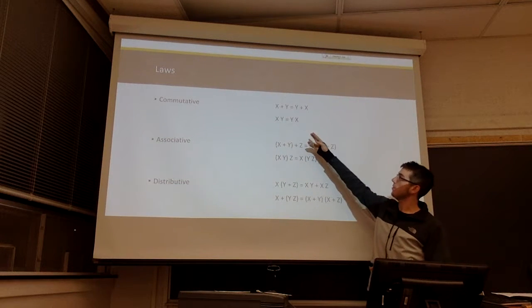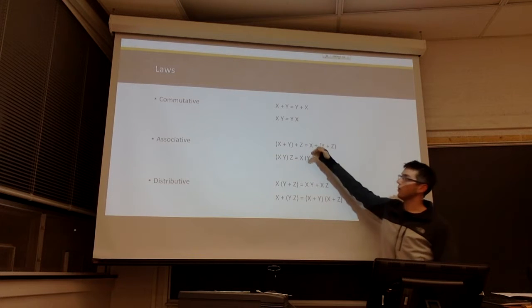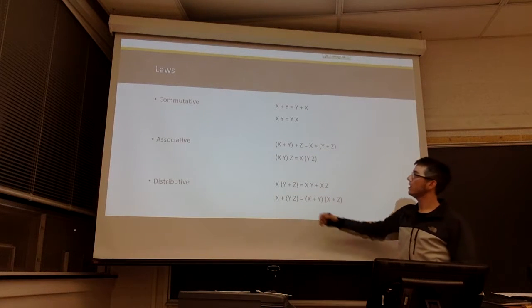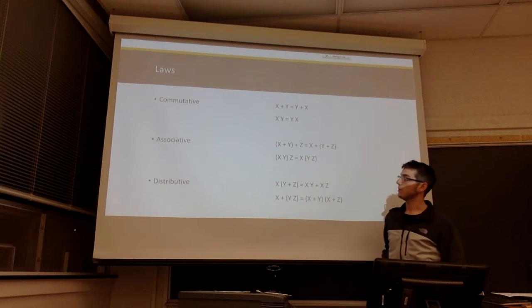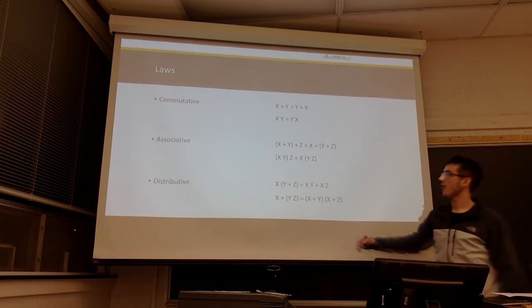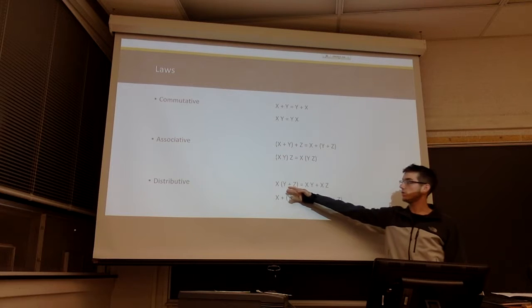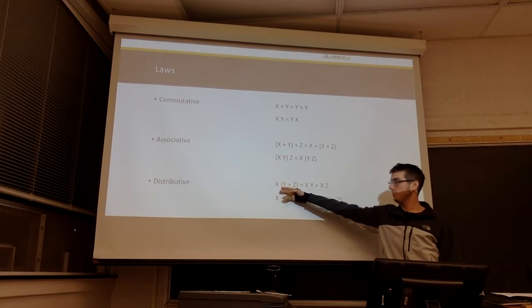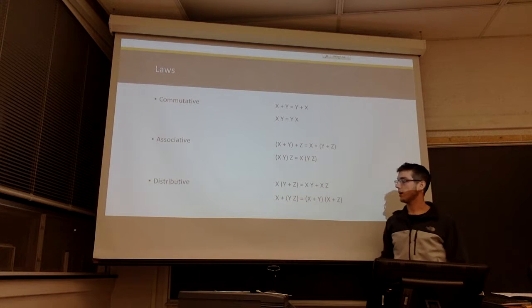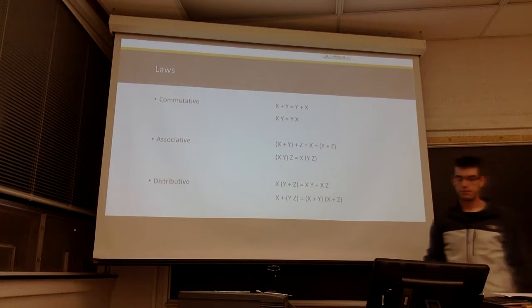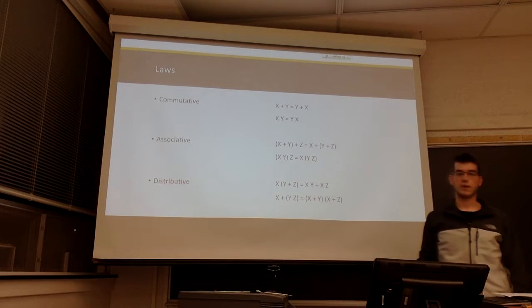The commutative property means the order of the variables doesn't matter. The associative property means when you have 3 of them, the placement of the parentheses doesn't matter. And they're also both distributive. So OR is distributive over the AND operation, and the AND operation is distributive over OR. Again, the same as regular algebra.